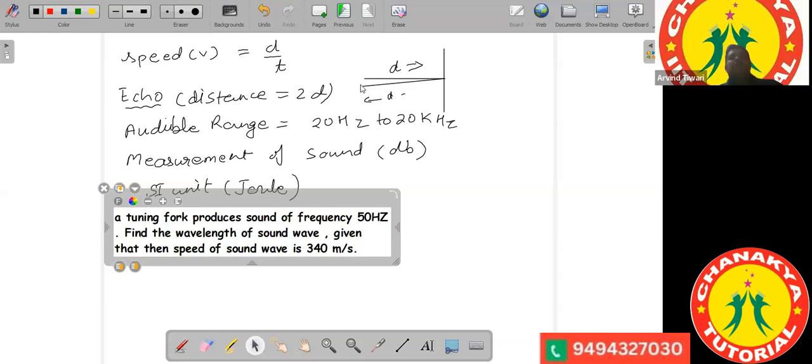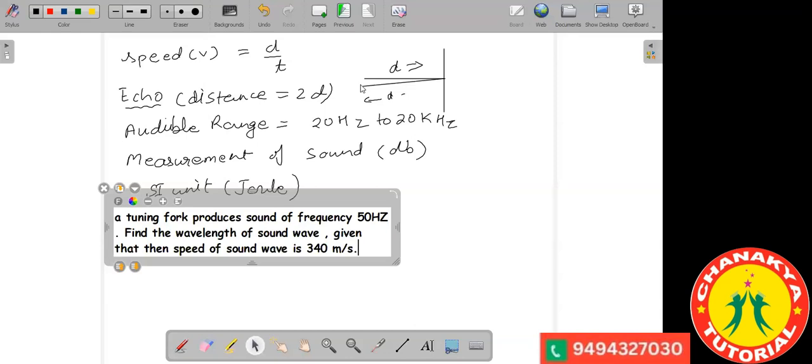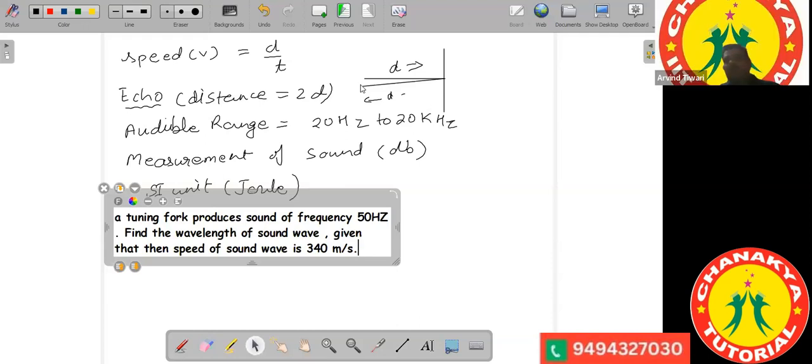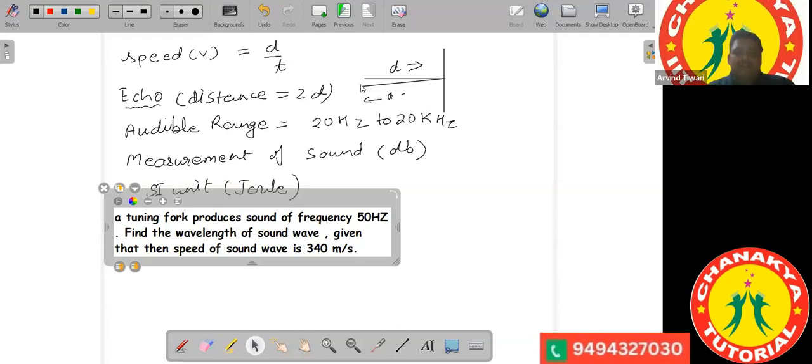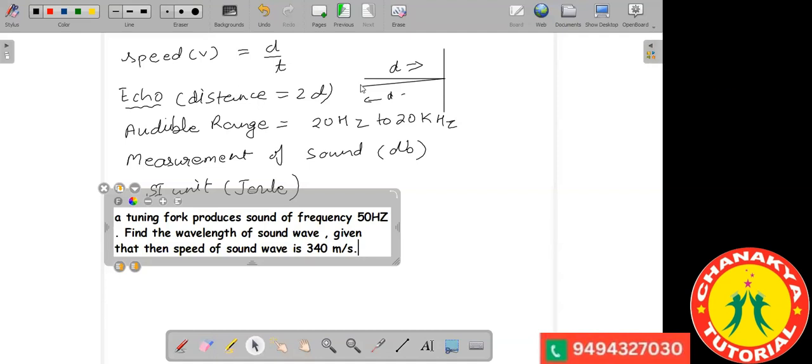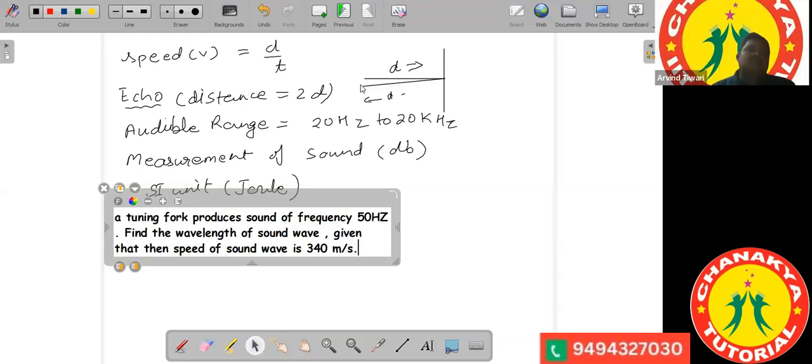What are you computing? Wavelength. Okay, and what is the SI unit of wavelength? Wavelength is a type of length. So what will be the SI unit of length? Meters. Okay, so it will be meter.